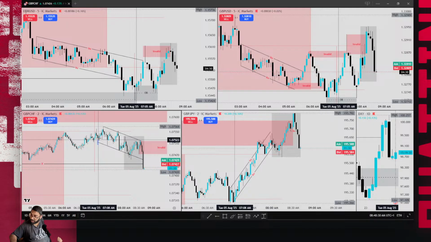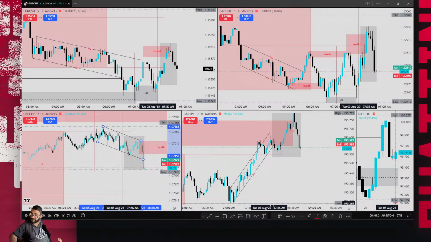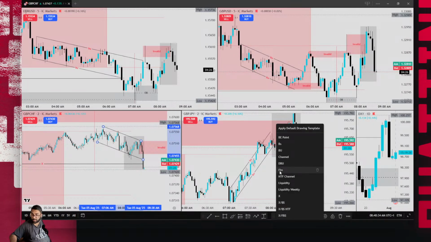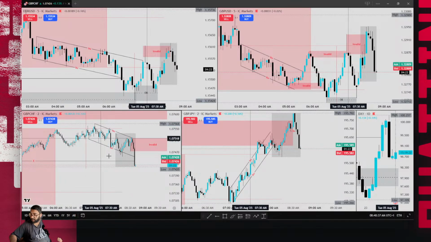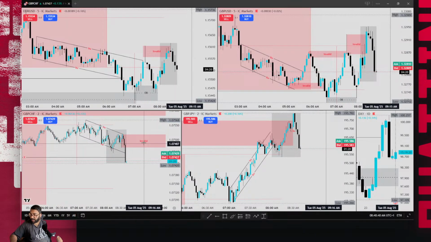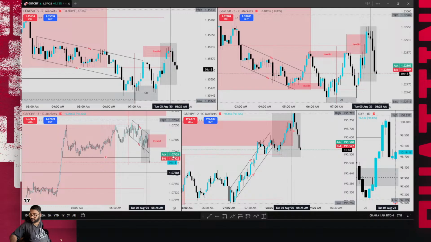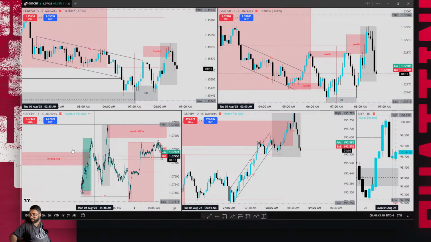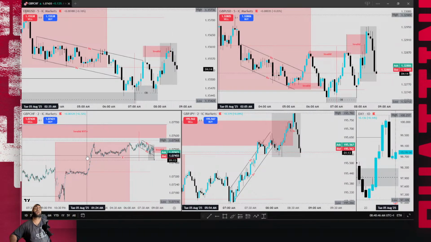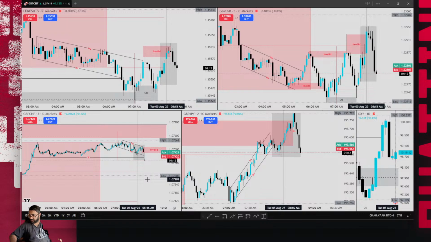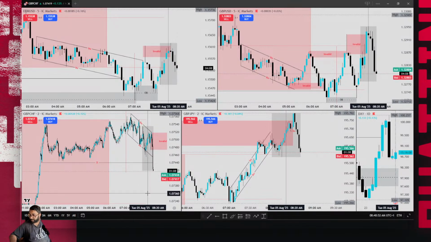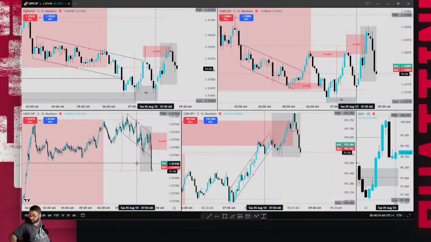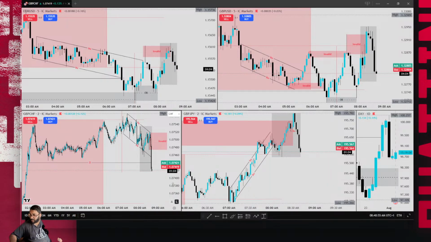You've got a literal build up right here too. This is looking much better now. Now I got a build up. We got an invalid zone right there with the supply zone above it, which should fail because you got equal highs above there. So I'm hoping it fails. Let's see what happens now.